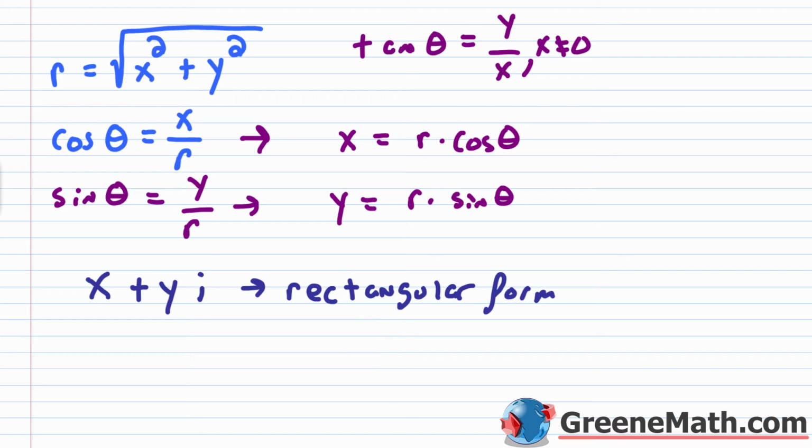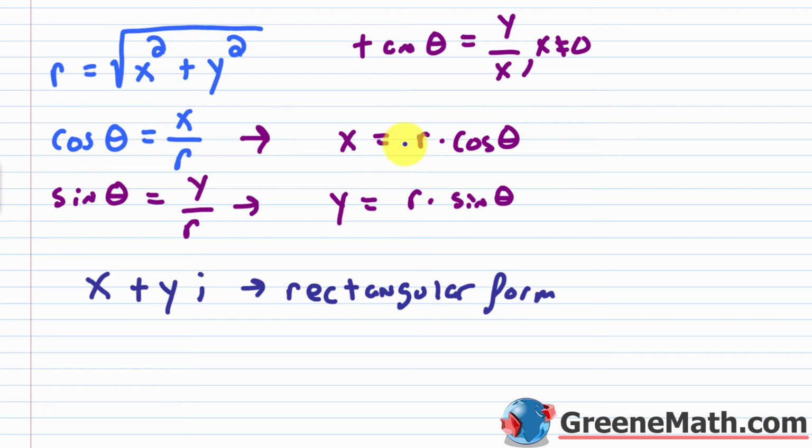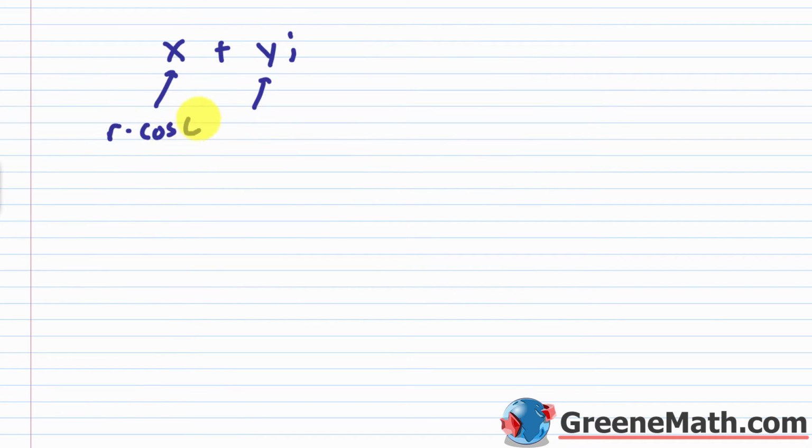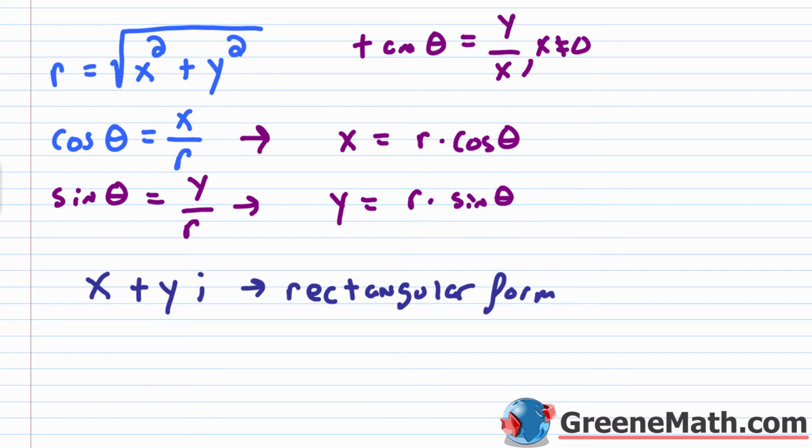Let me do this on another sheet, and I'll actually come back. So we have x plus yi, and I'm just going to be plugging in for x and y. If I go back, you see that x is r times cosine of theta, and y is r times sine of theta. I'm just going to plug in. So r times cosine of theta will be plugged in for x, and r times sine of theta will be plugged in for y.